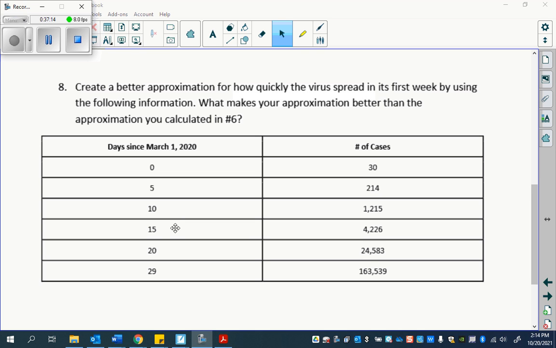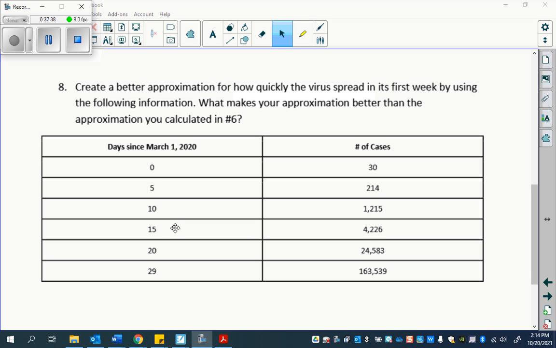On day 5 we had 214. Day 10, 1,215. Day 15, 4,000. Day 20, 24. Finally, on day 29, we were up to 163,539.